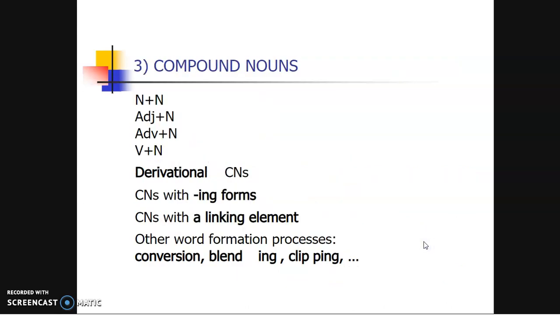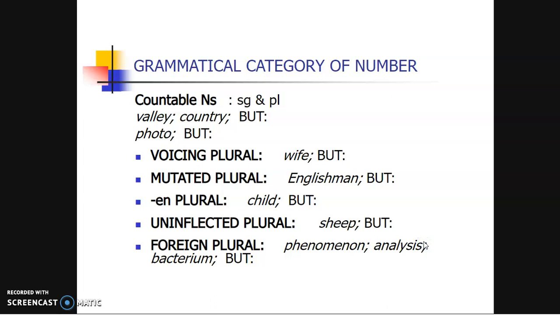Noun plus noun, adjective plus noun, adverb plus noun, verb plus noun. Derivational and other word formation processes: conversion, blending, clipping. So, the grammatical category of noun, countable, with the belly, country, photo, voice in plural, wife, treated plural, Englishman, and the in plural child, children will be uninflected plural sheep, foreign plural phenomenon, analysis, bacterium.